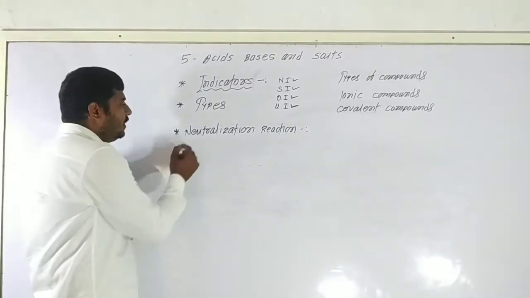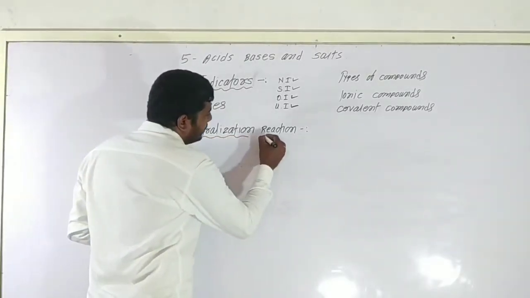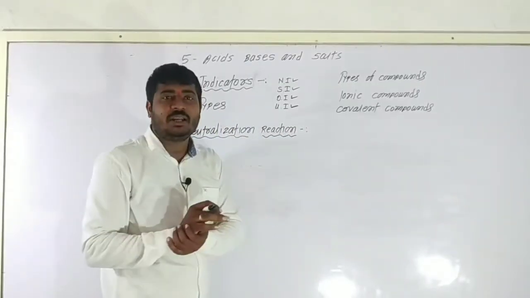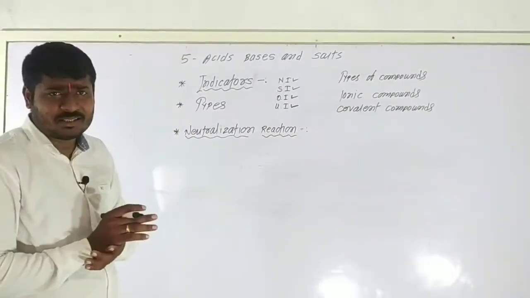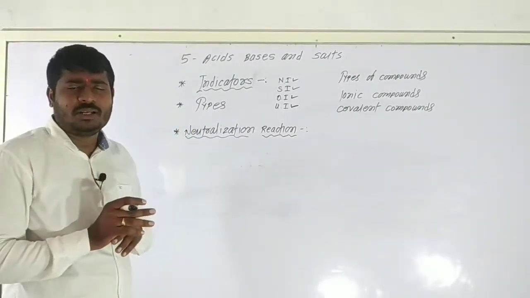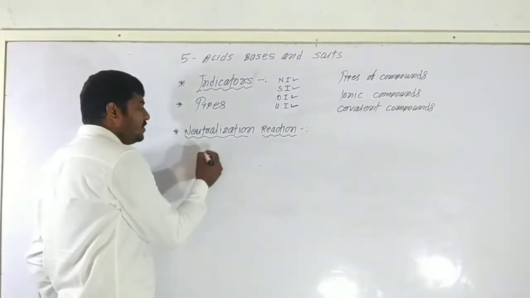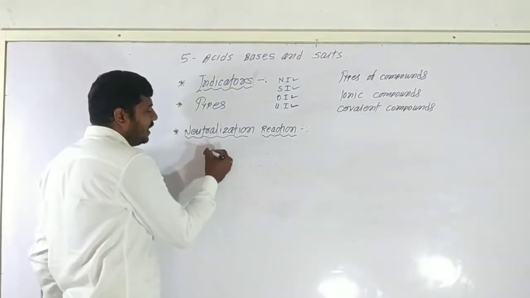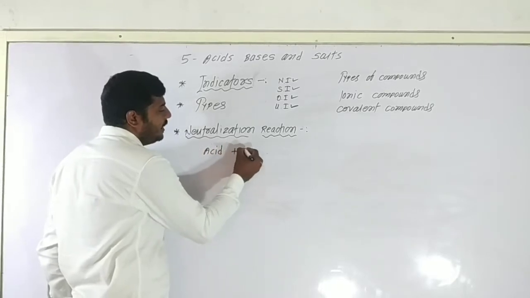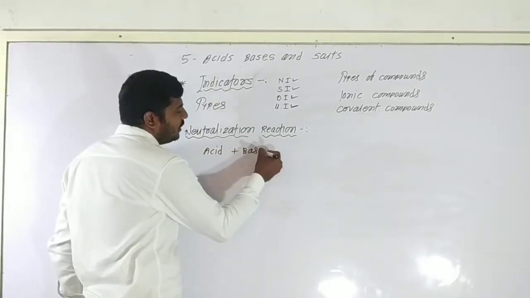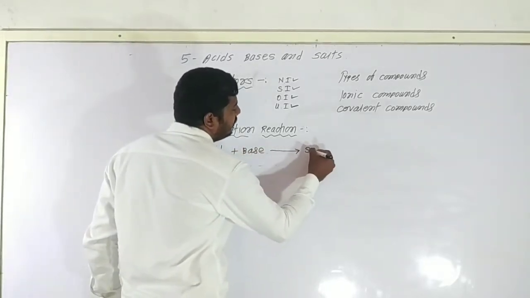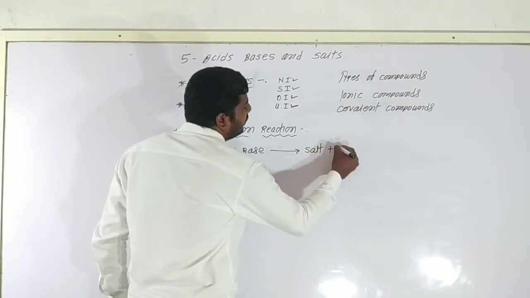Okay, now we discuss the neutralization reaction. What is meant by neutralization reaction? In the last lecture, we also discussed the neutralization reaction. Neutralization reaction means the chemical reaction which takes place between acid and base to form salt and water.